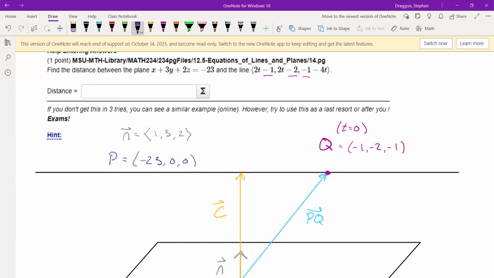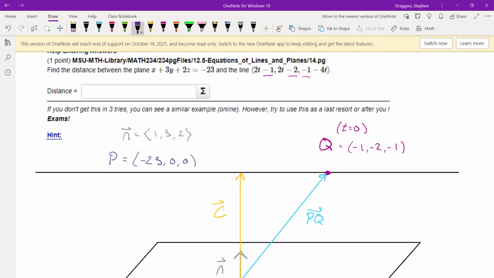I've got one equation with 3 variables, so I have 2 free choices. And it looked to me like the easiest couple of free choices would be to set y and z both equal to 0, and then just figure out what x has to be if y and z are 0. -23, 0, 0 is definitely not the only point that I could use to solve the problem. It just seemed like the easiest one to pick out. I didn't have to divide a 2 or a 3 into 23, which is a prime number, so I'm not going to have to deal with a fraction. That's kind of why I chose that point. Again, there are an infinite number of points that you could pick. That's just the one that stood out to me.